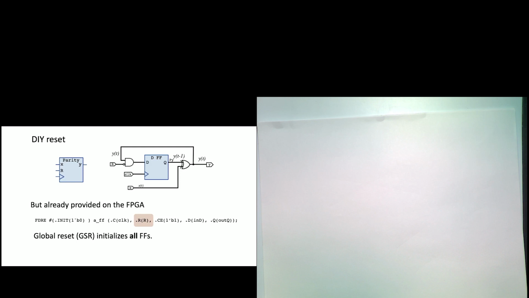In Lab 2, we connected button R to the global reset. And you will be given a clock module for every lab, and it'll ask you to connect a button to the reset. And what you're doing is you're taking advantage of the global reset. When you push that button, all your flip-flops will be reset. Okay. And you can configure individual flip-flops to be 1 on a global reset rather than 0 if you want.